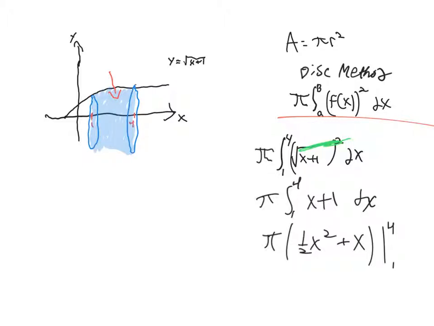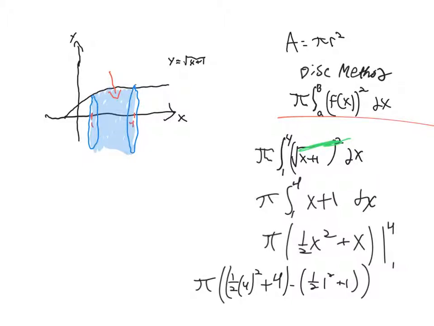That's the fundamental theorem of calculus. So let's find this: 1/2 of 4 squared plus 4, minus 1/2 of 1 squared plus 1.